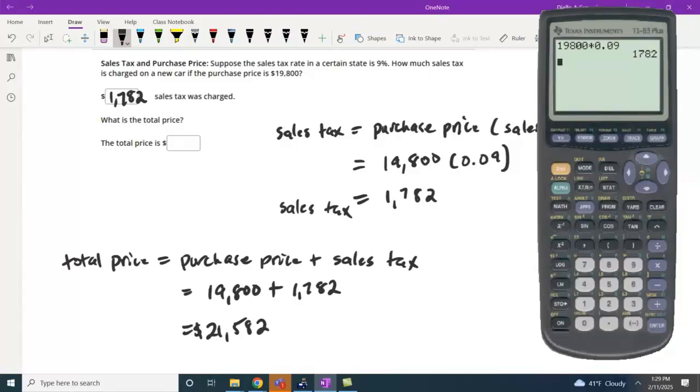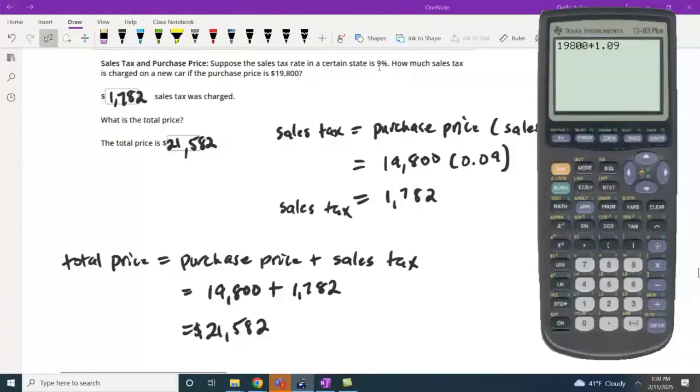So now this question asks for the problem in bits and pieces. First, it asks for the sales tax amount, then it asks for the total price. But if you're at a car dealership, you can get this total price, 21,582, by simply doing what? Well, I can take the purchase price, which is $19,800, and multiply that by 1.09, right?